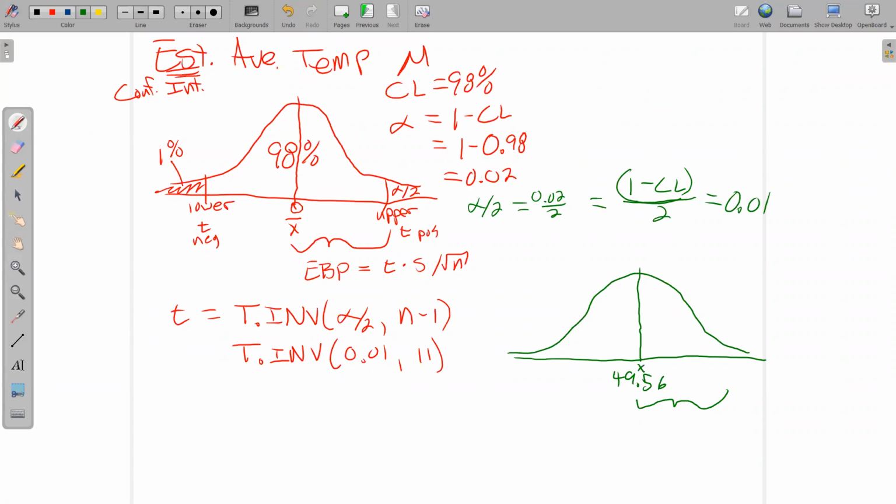So this is my X bar and my error bound on the mean, 7.45. So then I can add the 7.45 to this side to get the upper, and I can subtract the 7.45 to get the lower over there. That's the last thing we do on the spreadsheet.